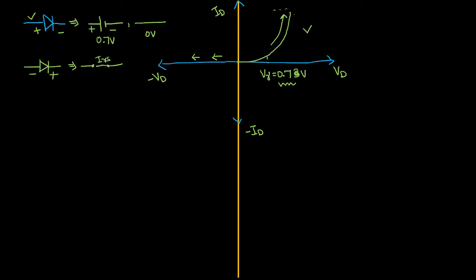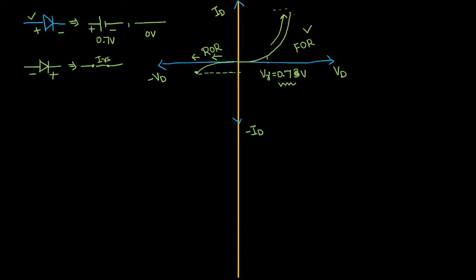So if you closely observe, there is a very minor amount of current like this. That's all. Current will not go beyond this value. So this region is called reverse operating region, ROR. This is called the forward operating region, that is the forward bias region.